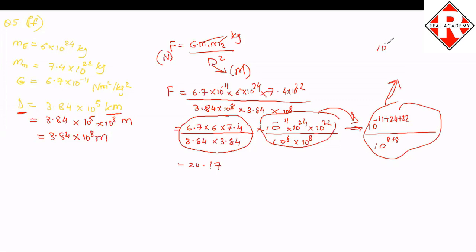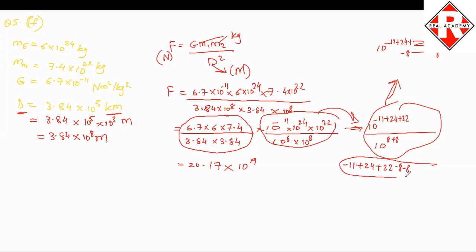So this is the same as writing 10 raised to minus 11 plus 24 plus 22 minus 8 minus 8. On solving that, you get 10 raised to 19, right? It is basically minus 11 plus 24 plus 22 minus 8 minus 8.